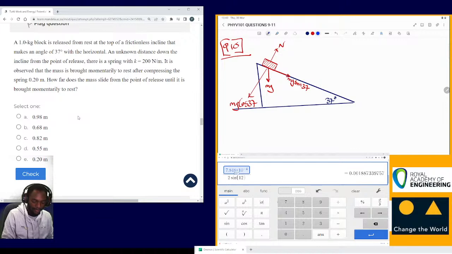So here we have a spring, which has a constant k equal to 200 Newton per meter. What else are we given?